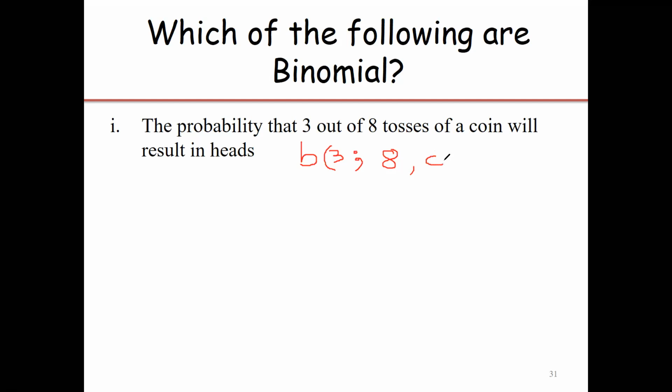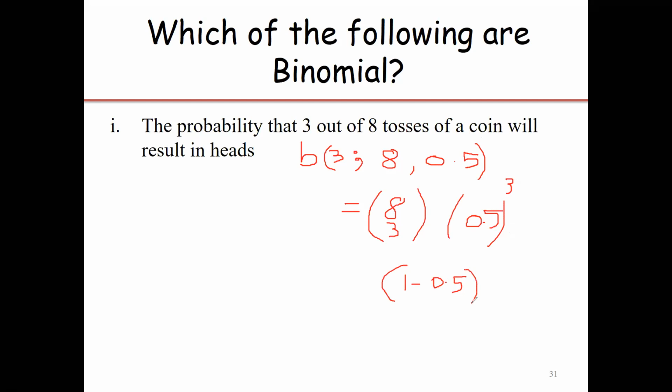If it is not given, we use the possibility of a fair coin. So this is computed as 8C3, 0.5 raised to 3, and 1 minus 0.5 raised to n minus 3. N is 8, 8 minus 3 is 5. If I calculate this number, it is the answer of this probability.